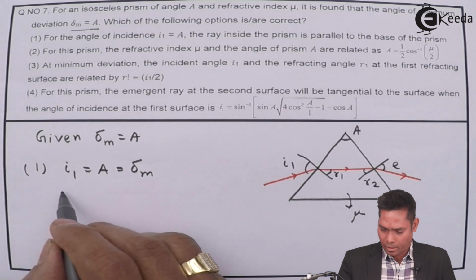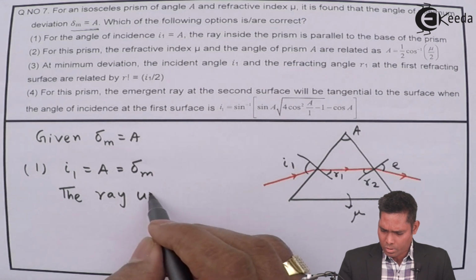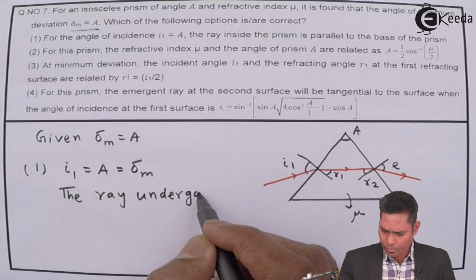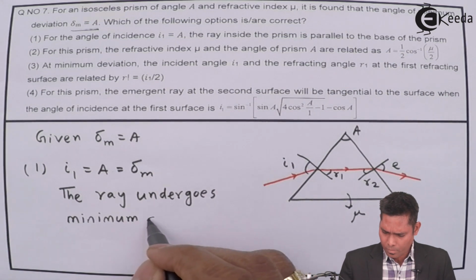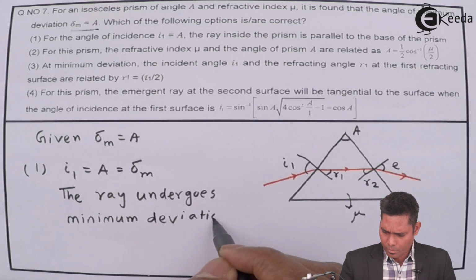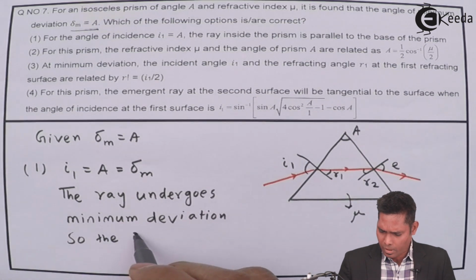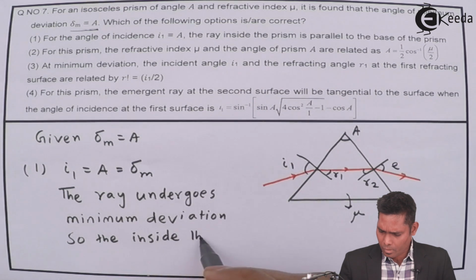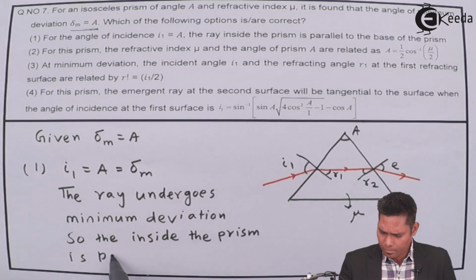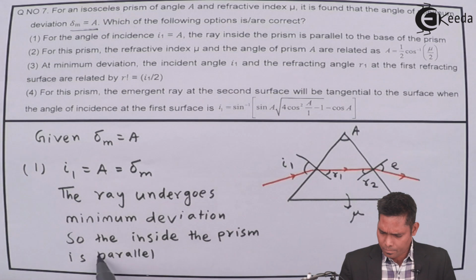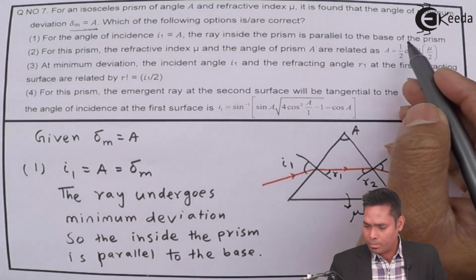So obviously the ray undergoes minimum deviation, so the ray inside the prism is parallel to the base of the prism.